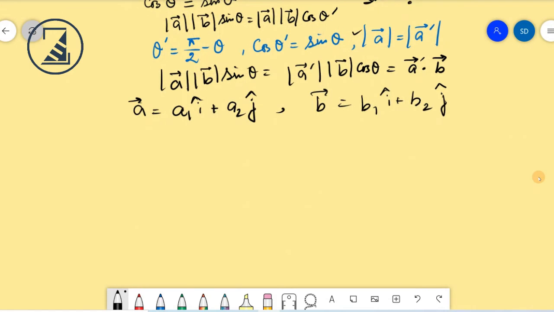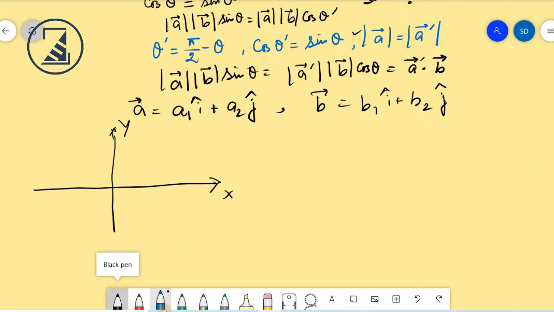Let's first do some geometry. Say this is my coordinate axis, y axis and x axis. Let's say this is my a vector. If this is a vector, then this distance is a1 and this distance is a2. Now what I have done is I have rotated the vector by 90 degrees.